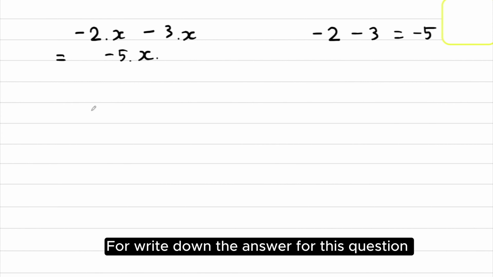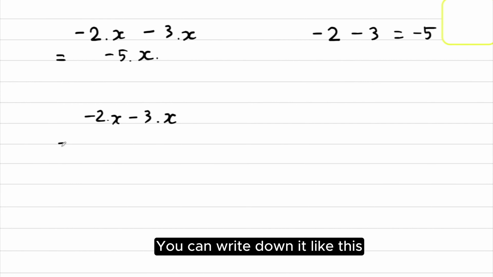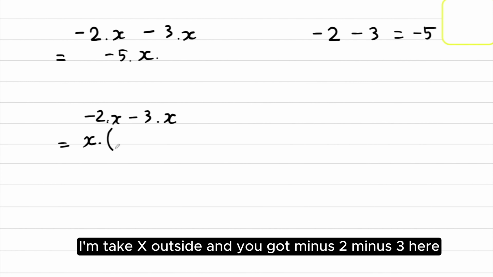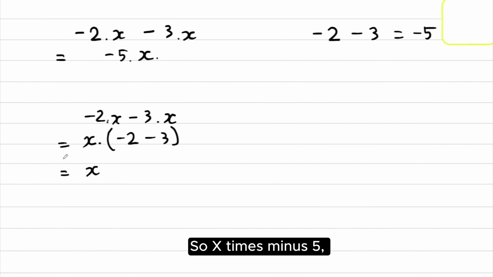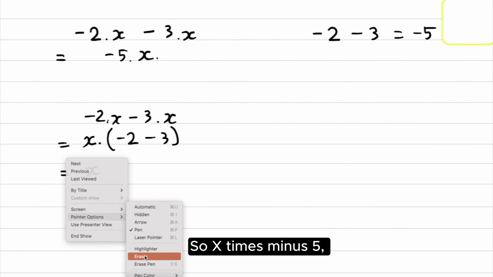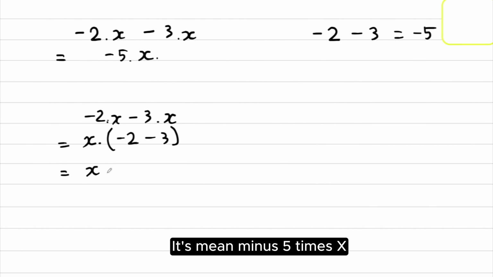Another way to write out the answer to this question: I see that the common factor is x, I take it outside, and you've got 2 minus 3 inside the bracket. So x times minus 1 is minus x, like this.